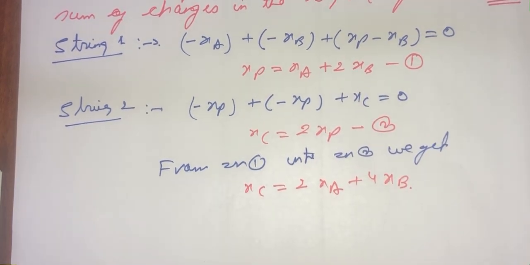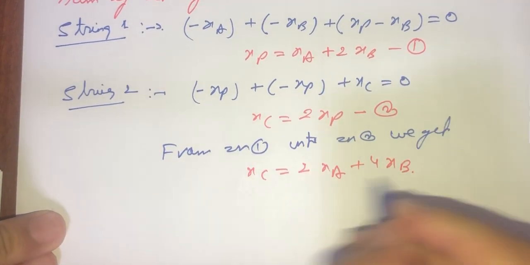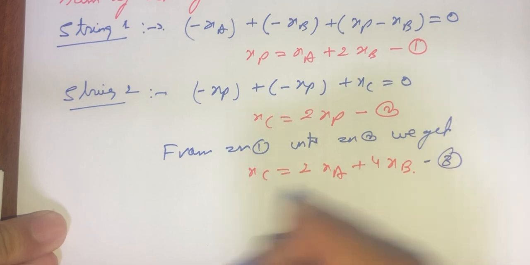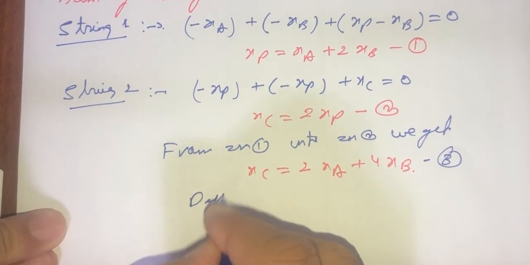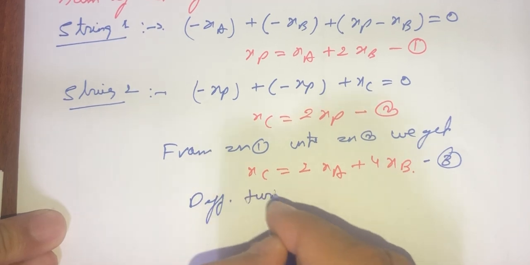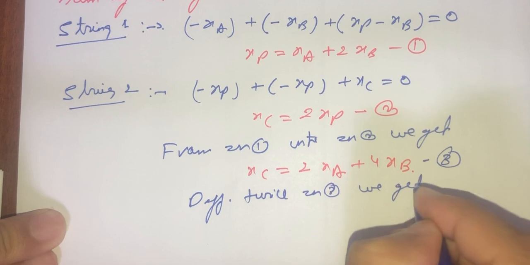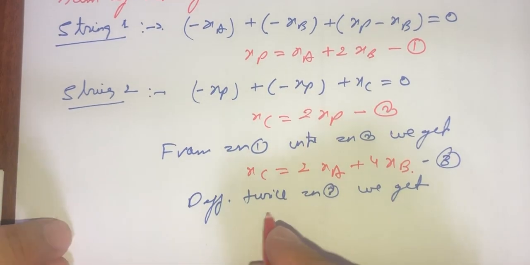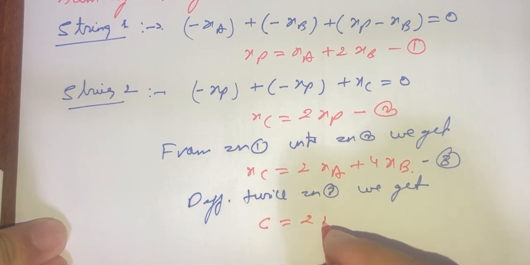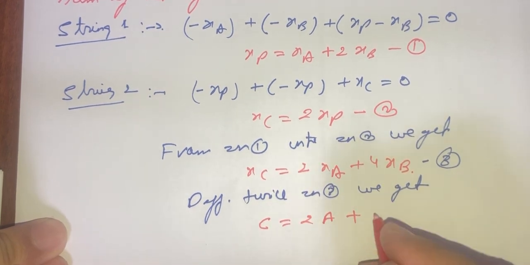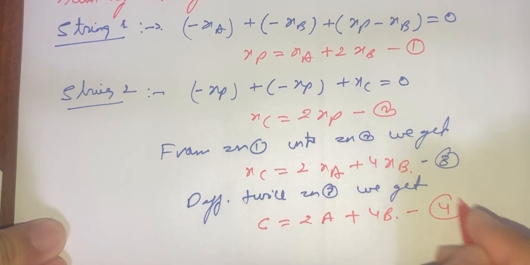Let this be equation number 3. Differentiating equation 3 twice, we get the acceleration C is equal to twice A plus 4 times B, and let this be equation number 4.